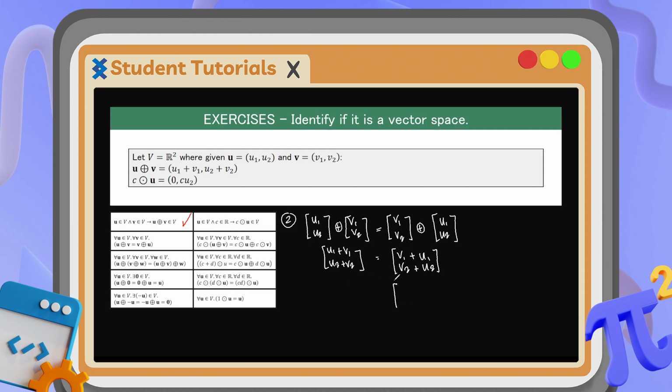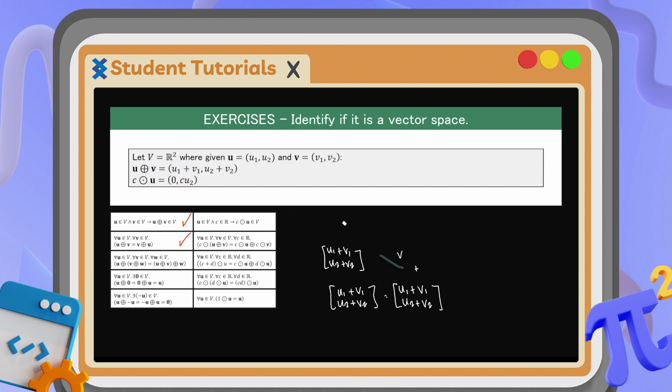So we can simply change the sequence of this vector and give us u1 plus v1, u2 plus v2, which is equal to our vector over here at the left-hand side of the equation, which means that these two are equal. Therefore, it is following the commutative property.